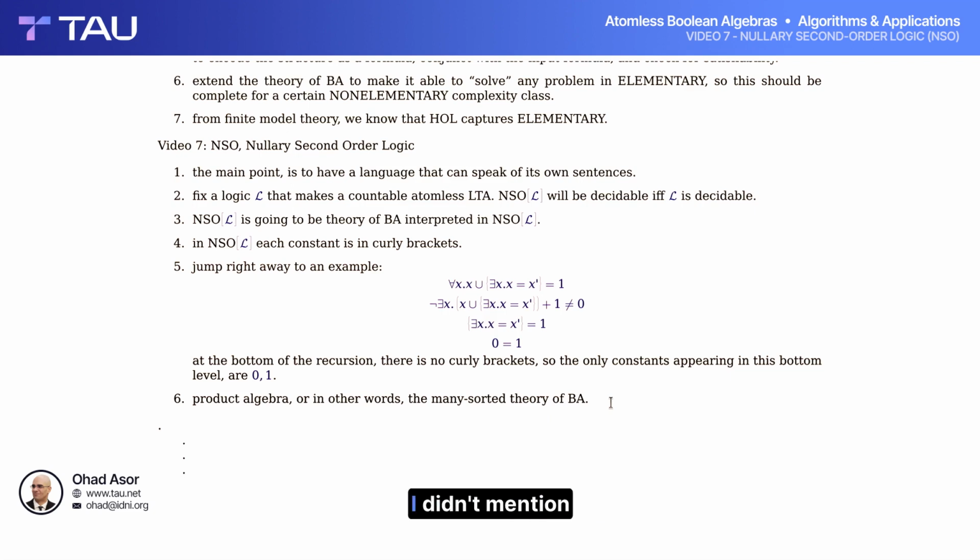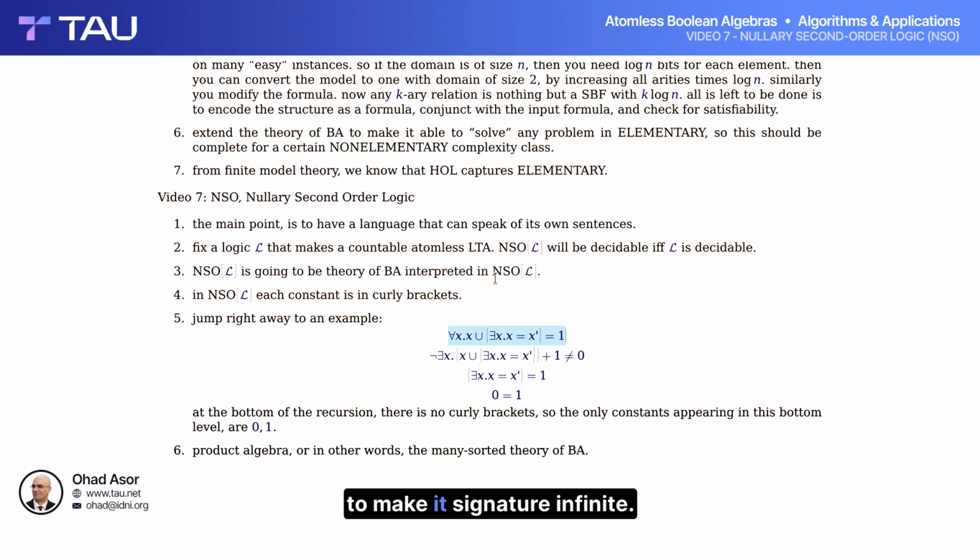There is only one thing I didn't mention. In this language that I showed, this NSOL, it doesn't make an atomless Boolean algebra. In fact, its Lindenbaum-Tarski algebra is just the two-element Boolean algebra, because all atomless Boolean algebras are elementarily equivalent. To make it a countable atomless Boolean algebra, all you have to do is to make its signature infinite.